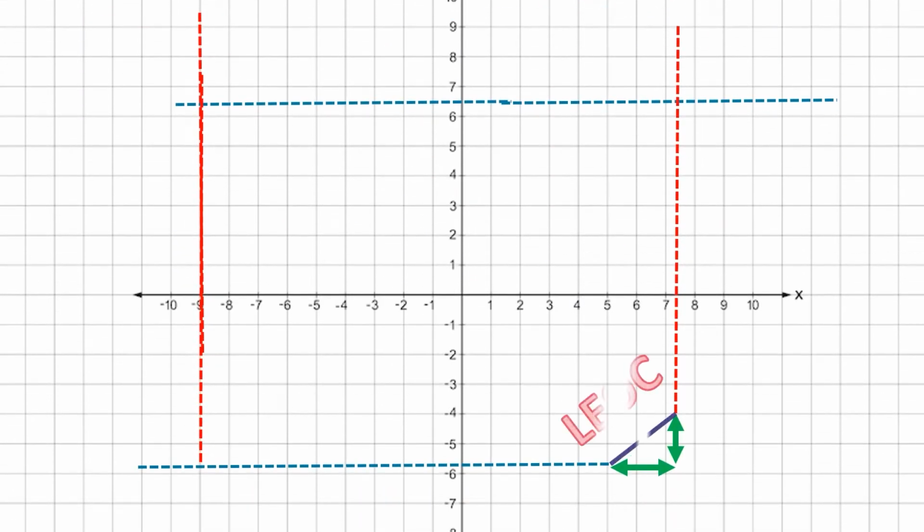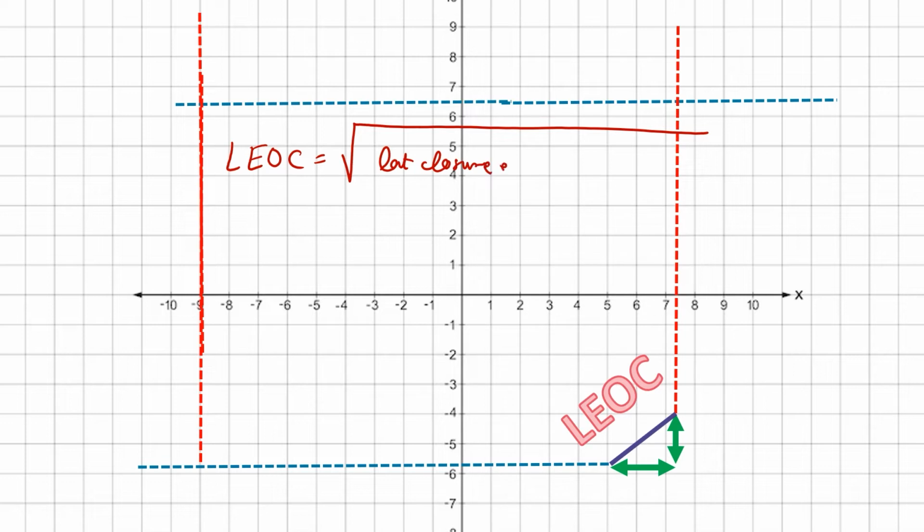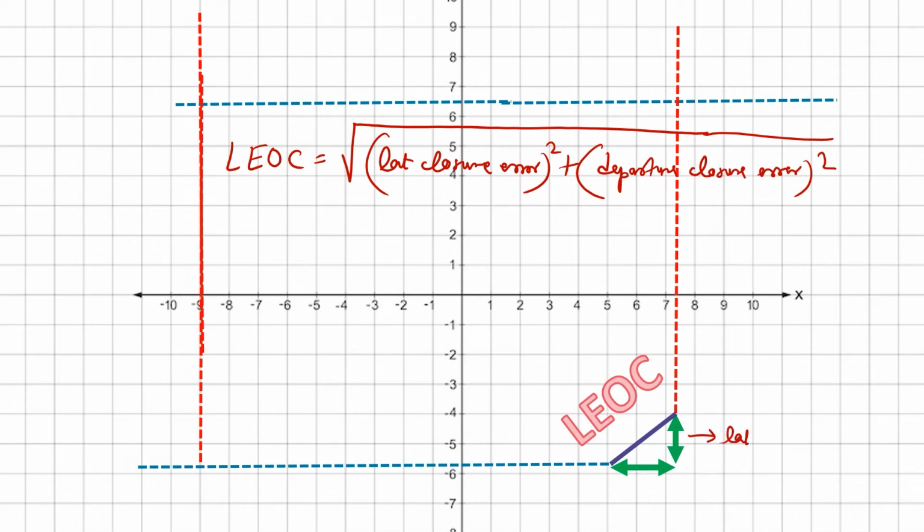And this thing is called the LEOC, so linear error of closure, right? So previously we used this formula to calculate the LEOC. So LEOC equals the square root of the lat closure error squared, plus the departure closure error squared, right? This is how this formula came about, because this is the lat closure error, and this is the departure closure error.